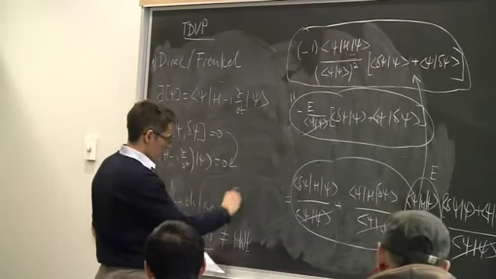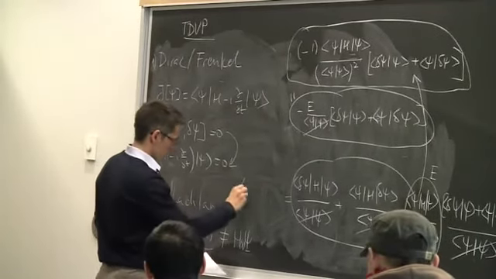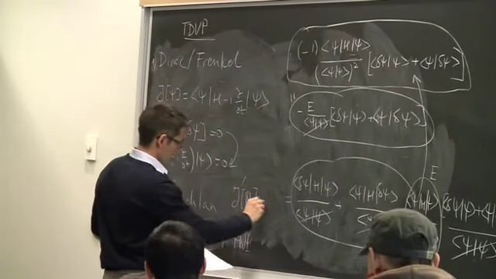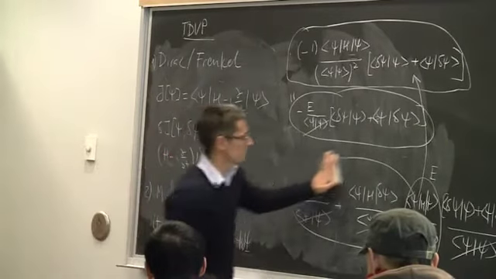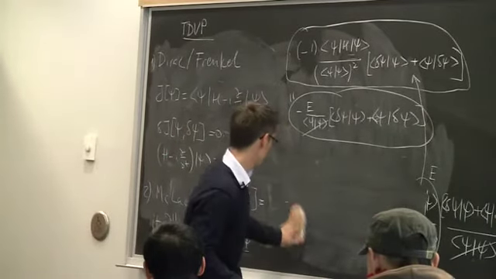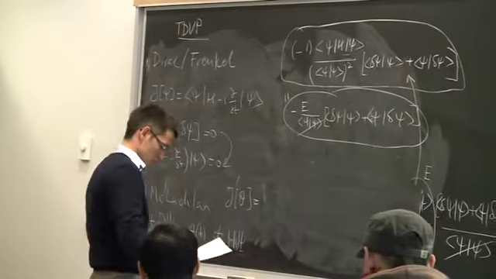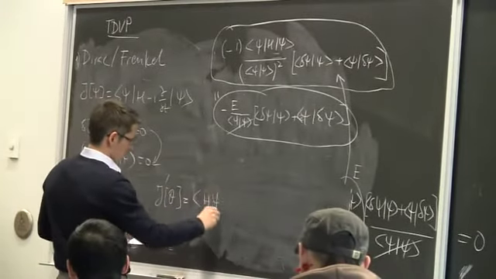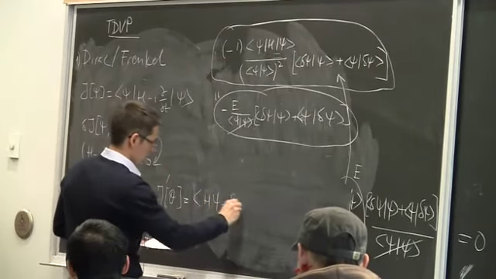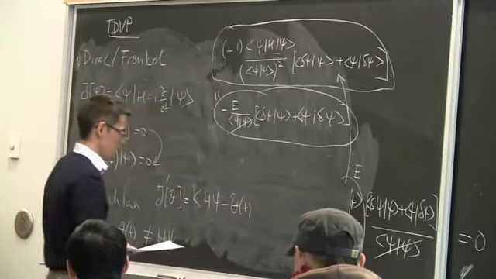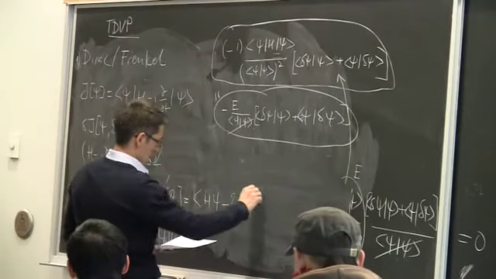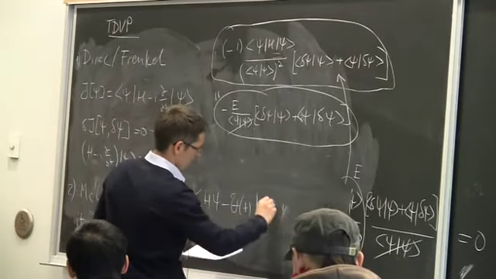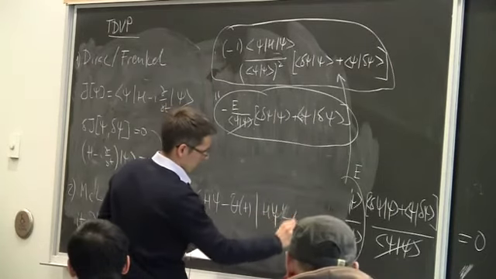The functional G prime with respect to theta will be h psi minus theta t, h psi minus theta t.